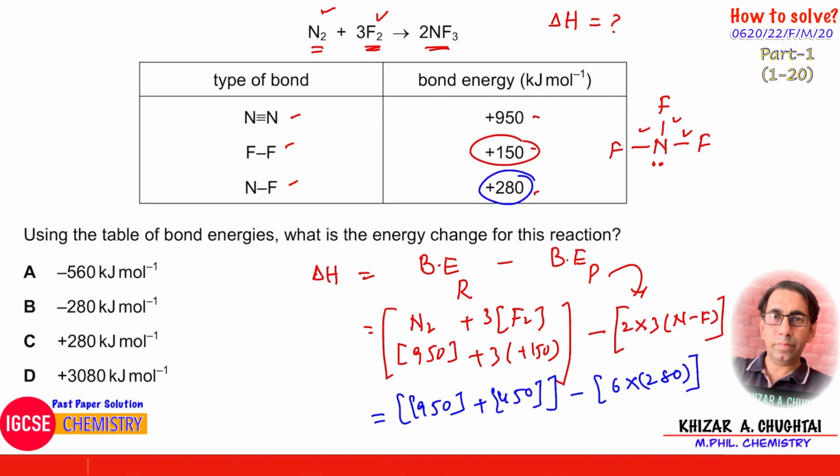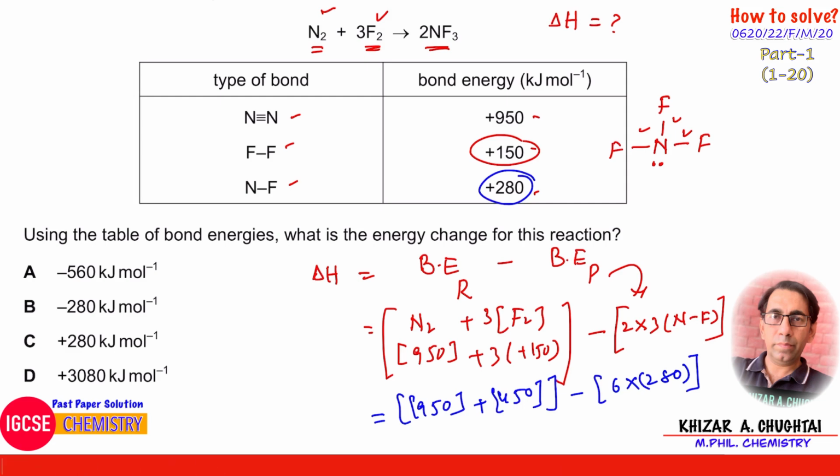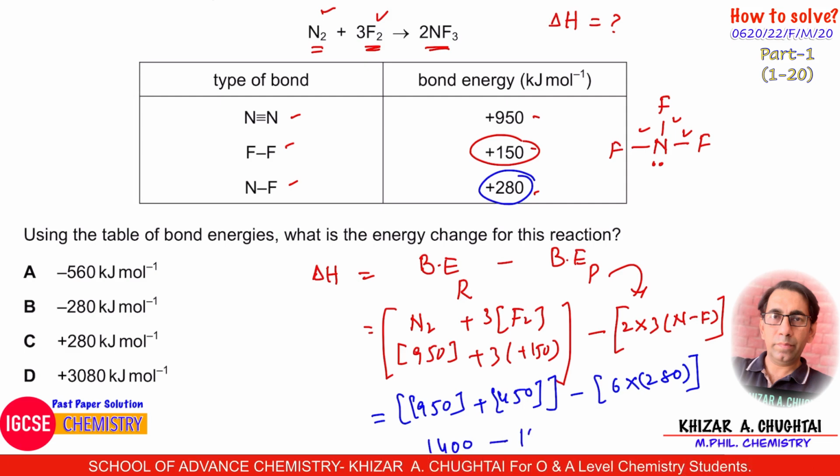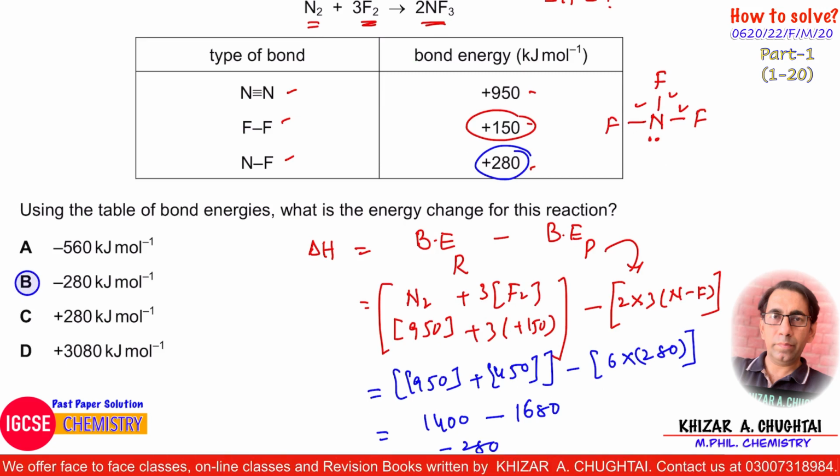The overall answer will be, I'm going to add first the amount for the reactants, 950 plus 450, that is 1400, minus 1680. So the answer is basically minus 280. So B is the correct option, the correct answer.